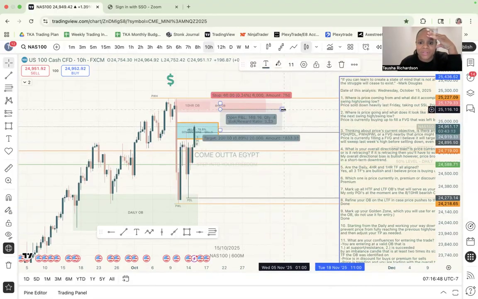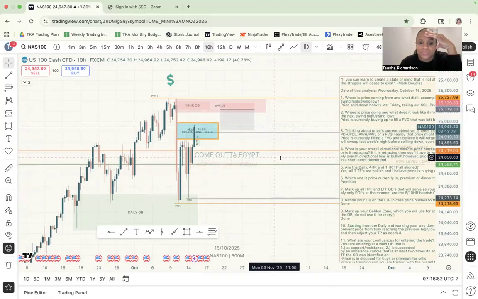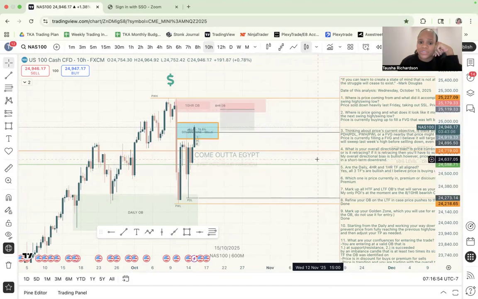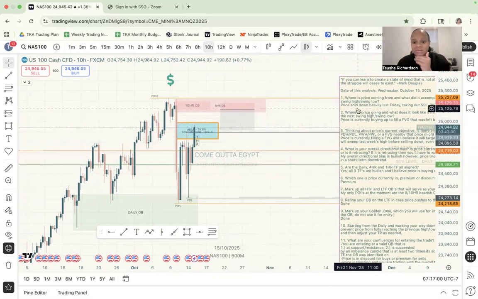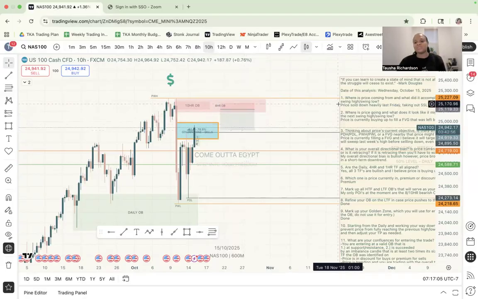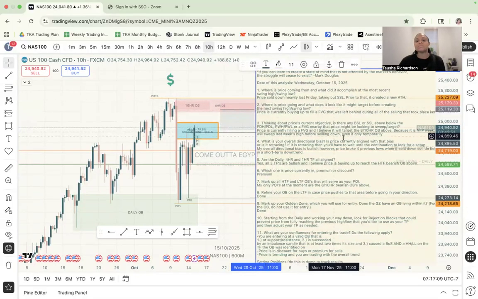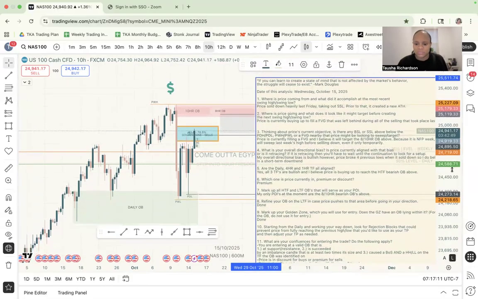A 200 pip take profit is super conservative. Price will probably push down more than that, but I just want to be on the safe side. Okay, so I'm gonna go for 200. That gives me a risk to reward of 1 to 3.33. I'll take it. Could probably do more, but we'll see. We'll see what happens.